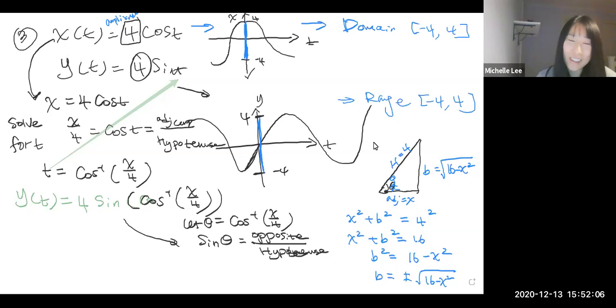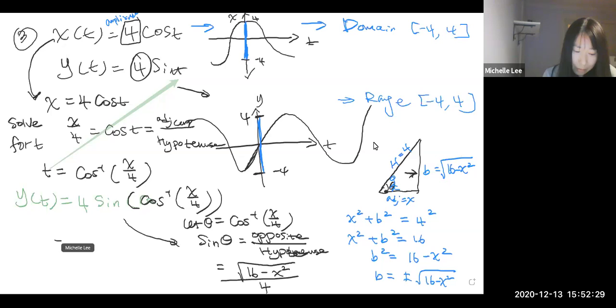Hypotenuse. Okay. Then, like before, I'm standing inside the angle, right? So which one is the opposite? This one is the opposite, right? So this will be the square root of 16 minus x squared over the hypotenuse, which is 4. Okay. So then look, we have 4 there.